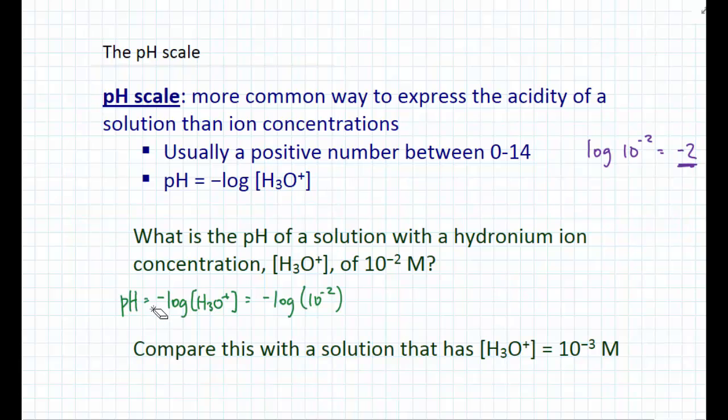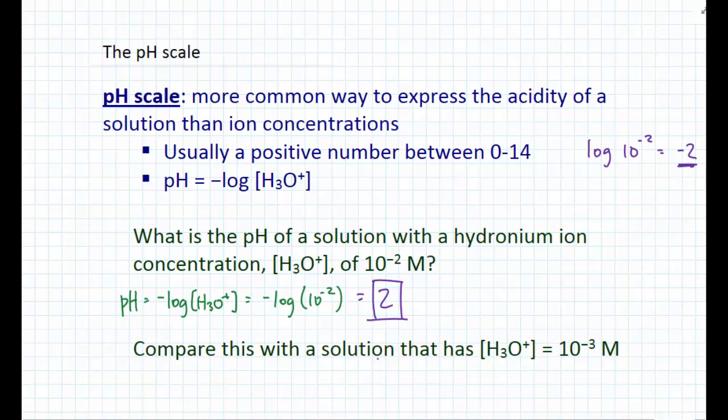But pH is the negative logarithm, so it would just be sign switched from that. So that's what pH does. If it's an exact power of 10, it becomes an exact pH. So exactly 10 to the negative 2 means exactly 2 on the pH scale. It's essentially the negative exponent just turned into a positive number.